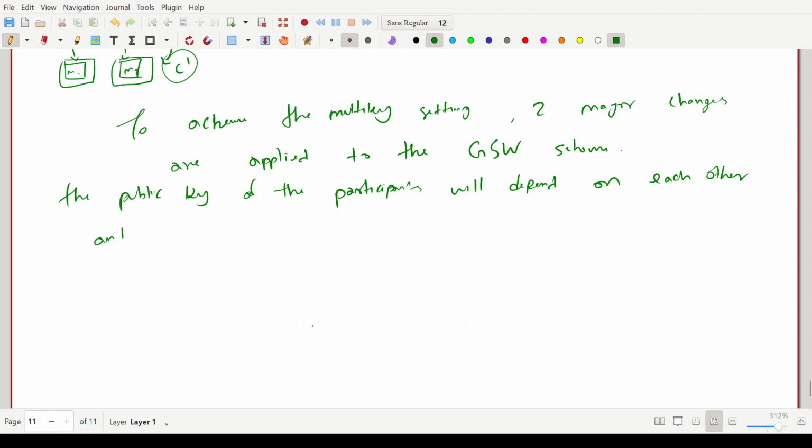And as said, additional information is added to every ciphertext.